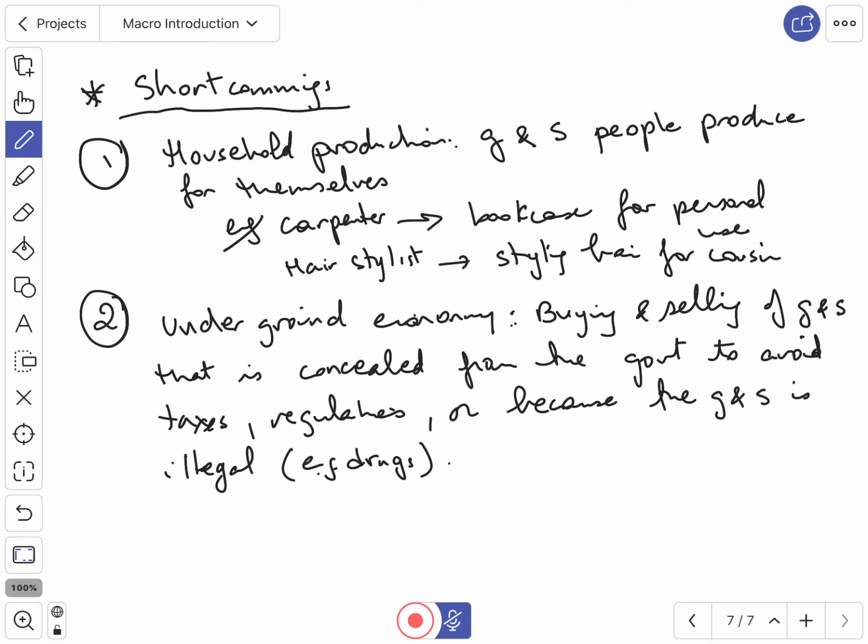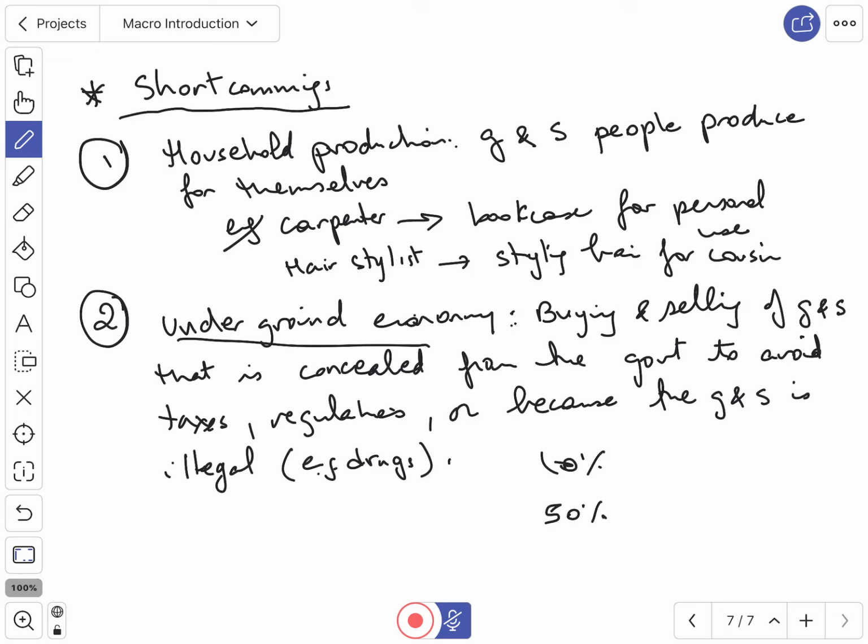So in the US, for example, the underground economy consists of about 10% of GDP, and it's almost around this number from one year to the next. So it's not a huge problem. When you say it's 10% of GDP, it's not that huge a problem. But in some countries in Africa, the underground economy can go up to 50% of GDP.